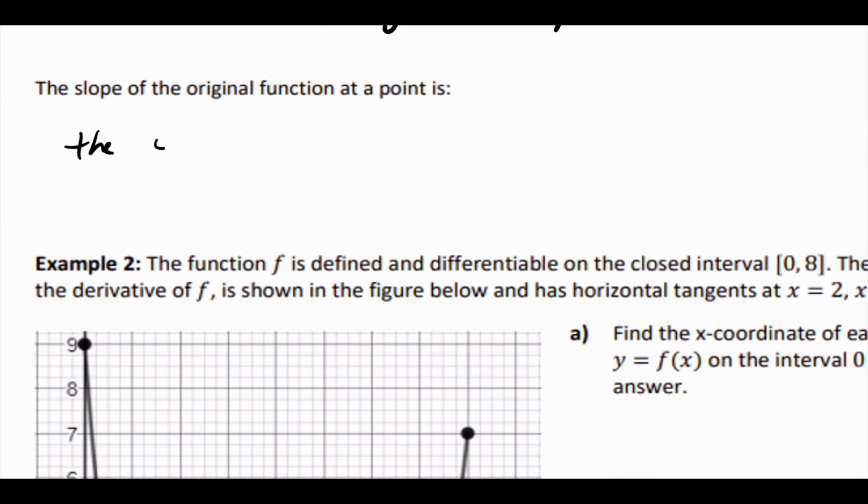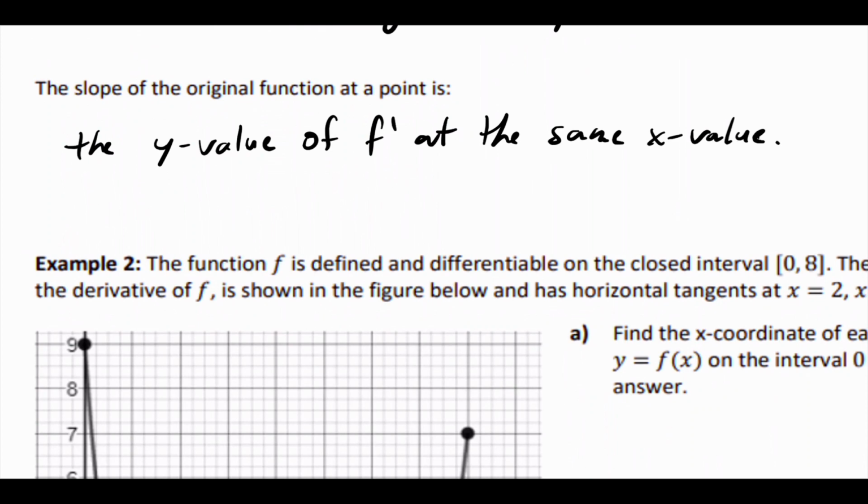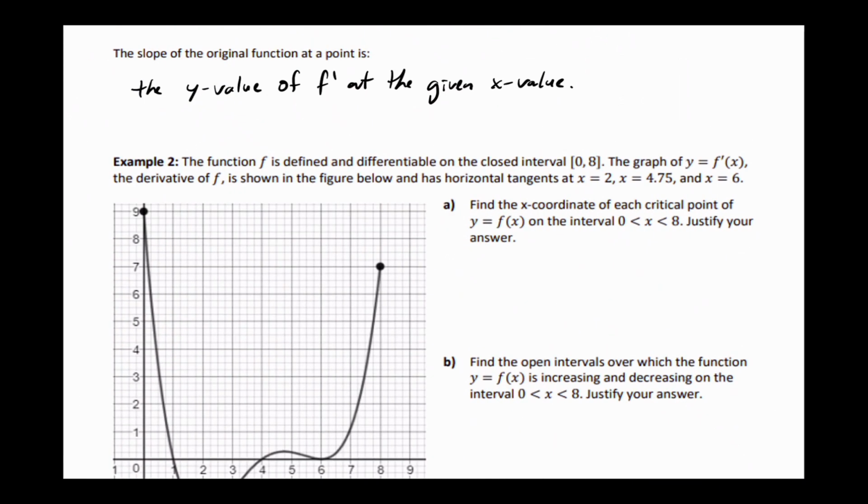It was the y value of f prime at the given x value. So they said, here's the x value, tell me what the y value is at that point. So if I said, give me the slope of the tangent line for x equals -4, you go to -4 and you find the y value. That's the slope. Okay?